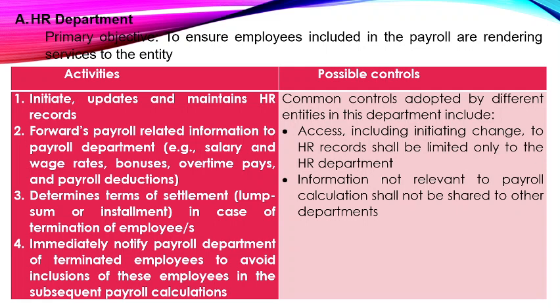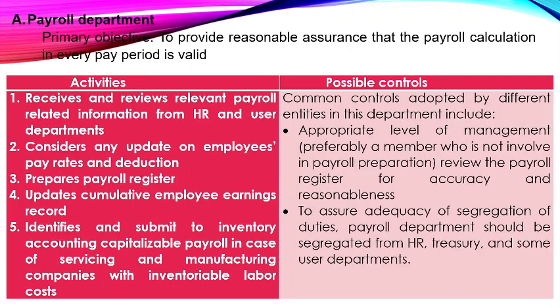Determine the terms of settlement, lump sum or installment, in case of termination of employees, and immediately notify the payroll department of terminated employees to avoid inclusion of these employees in subsequent payroll calculations. Controls: access, including initiating changes to HR records, shall be limited only to the HR department. Information not relevant to payroll calculation should not be shared with other departments.